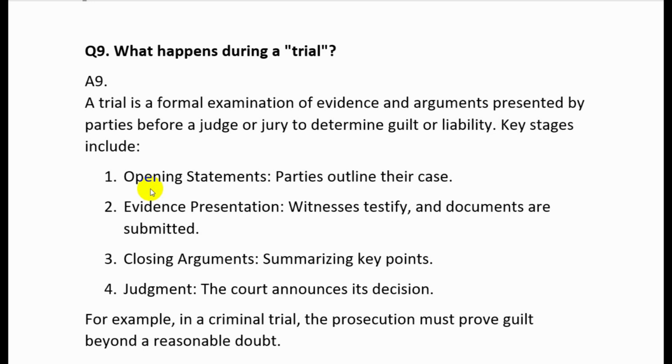Second, evidence presentation, witnesses testify and documents are submitted. Third, closing arguments, summarizing key points. And fourth, judgment. The court announces its decision. For example, in a criminal trial, the prosecution must prove guilt beyond a reasonable doubt.